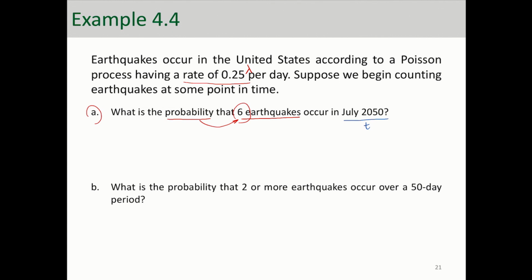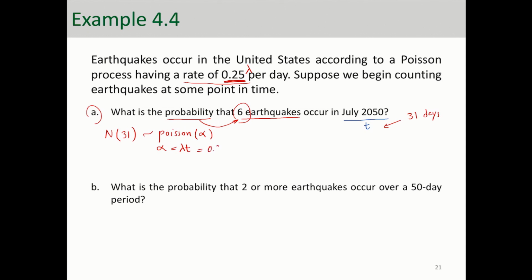So your random variable here is N of t, and the t is how many days? 31 days in July, right? So t is 31 days, and we're talking in days because the lambda is in days. So N of 31 is our random variable here, which is Poisson with the parameter alpha. And if you remember, alpha is equal to lambda t.